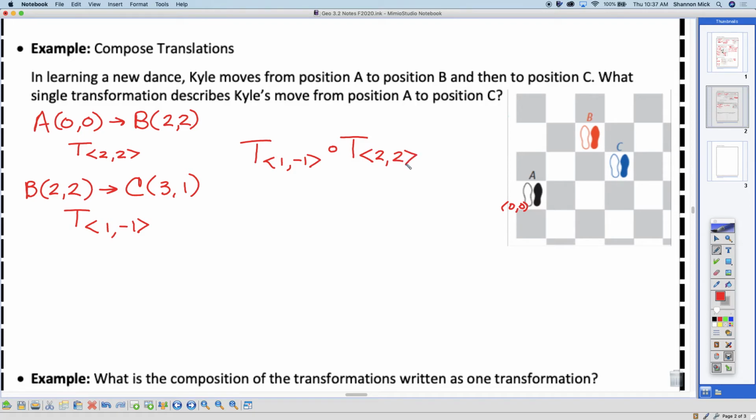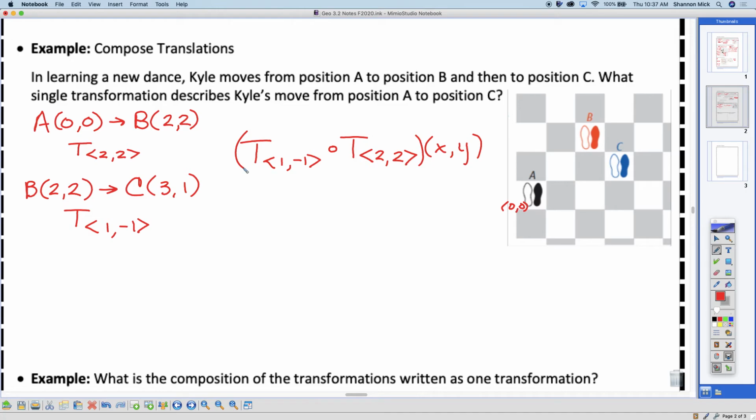Because which one do we do first? The second one goes on the left. And it's on Kyle, but we'll put x, y because we're doing it on the x and the y. We kind of see this as big parentheses.